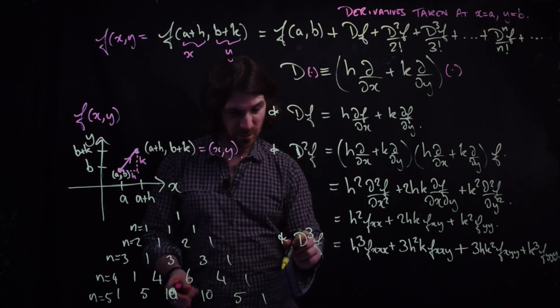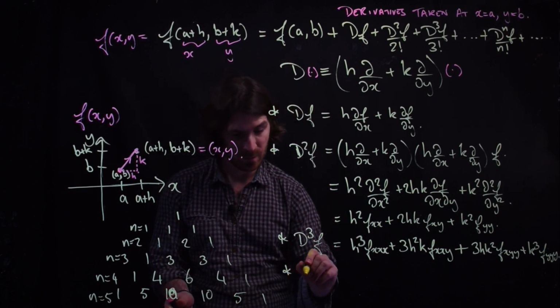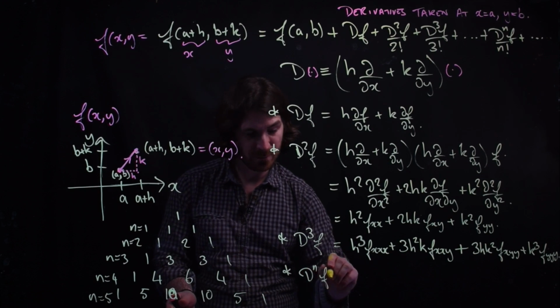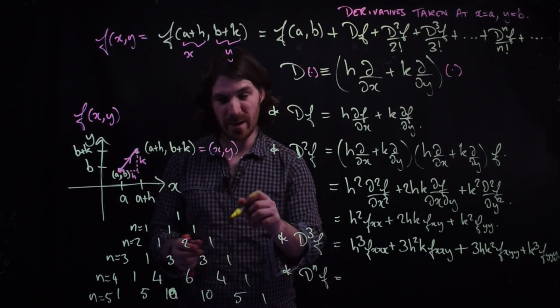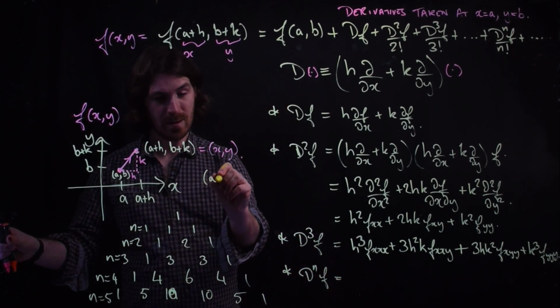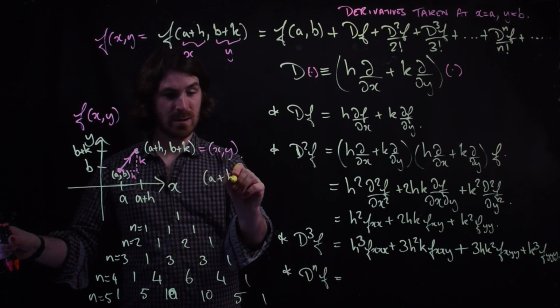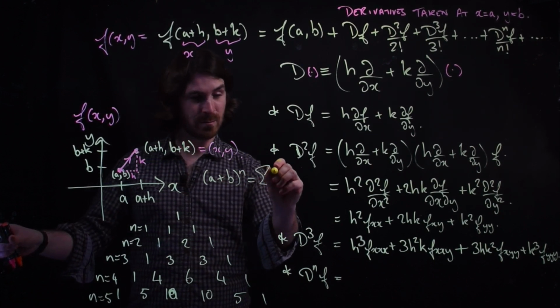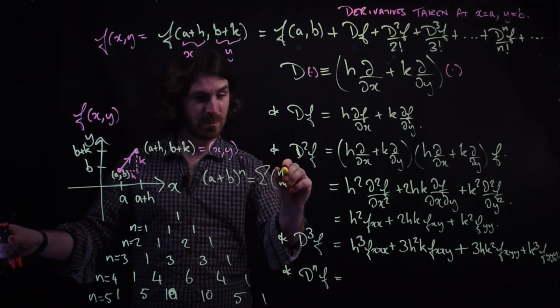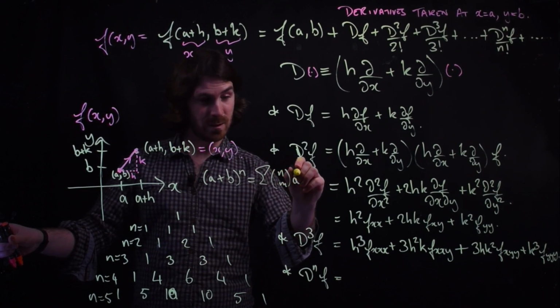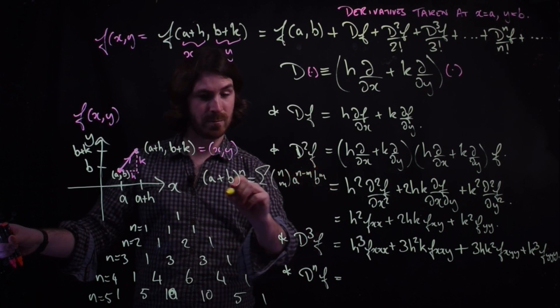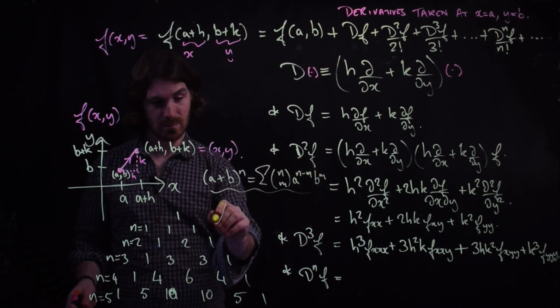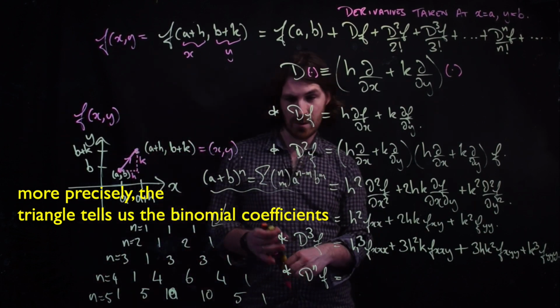Okay, and in general, dnf, if you recall the binomial formula, (a plus b) to the n is given by the sum of n choose m, a to the n minus m, b to the m. Okay, and that's what the triangle is about.